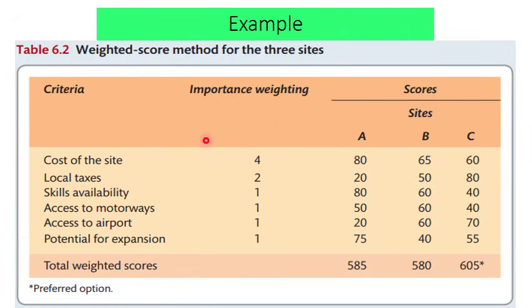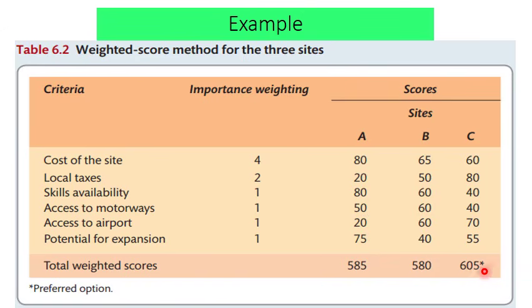This is another example. If we have 3 alternative locations, that is A, B, and C, and these critical success factors are provided with these weights, and these are the scores of the locations according to each critical success factor, then we multiply each weight by the scores of each location, and we add, and finally we compare the results.